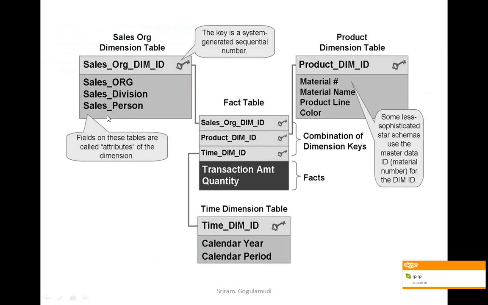The dimension table placed with chars. For every dimension, we have a dimensional key, nothing but the primary key of a table, which is maintained in the fact table as a foreign key. So both are connected by using these dimensional keys. So here we are trying to analyze our fact table data with respect to multiple dimensions. That's what it is. I hope it is clear to all of you.